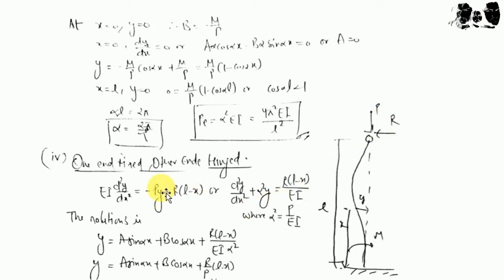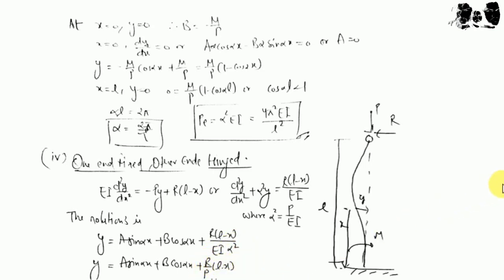Then both forces P and R are considered, and along with this the bending moment generated due to R is R times (L minus x), because we choose the distance x from the support reaction. Then we convert again as we did last time, dividing by EI, assuming alpha square is equal to P upon EI, and then we have R upon EI, alpha square, and putting the alpha square value here, we have a solution with R upon P (L minus x).